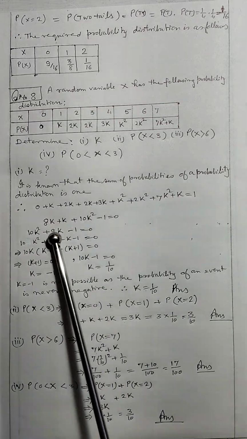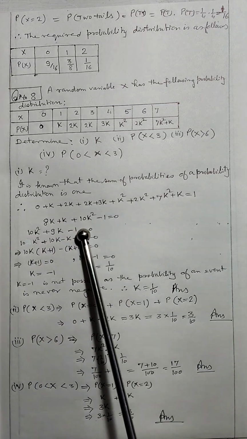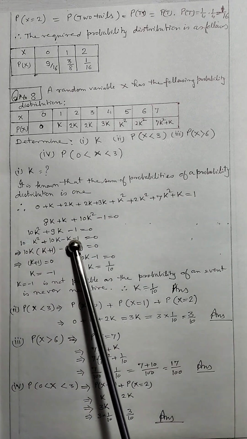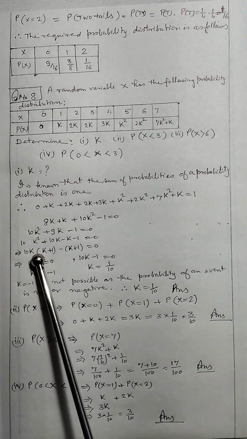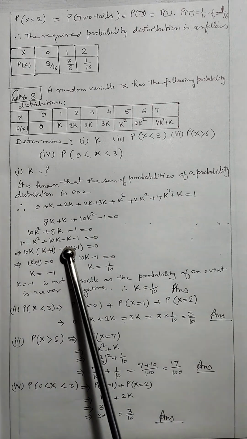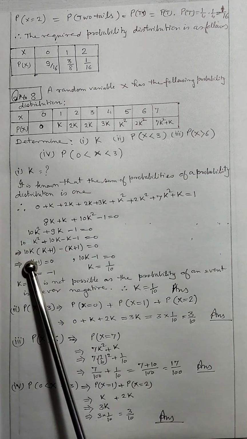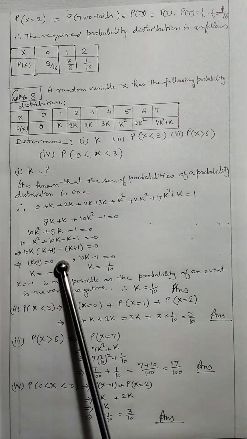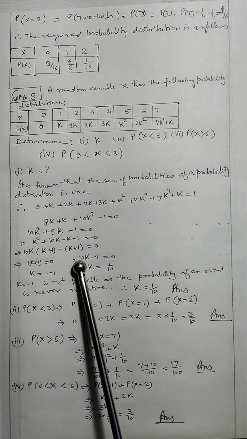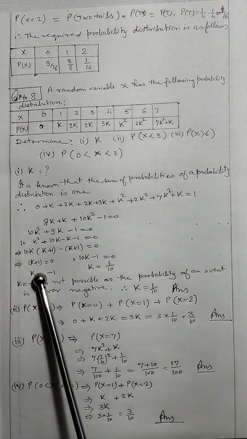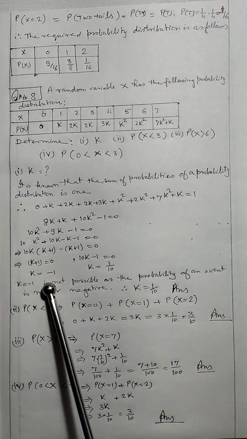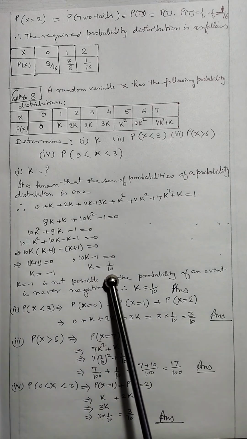Summarizing, you will get 10k square plus 9k minus 1 equal to 0, a quadratic equation. 10k square plus 10k minus k minus 1, taking 10k common, 10k into k plus 1 minus 1 into k plus 1. Take out k plus 1 common, so k plus 1 is equal to 0 and 10k minus 1 is equal to 0. Here k is equal to minus 1 and k is equal to 1 by 10.